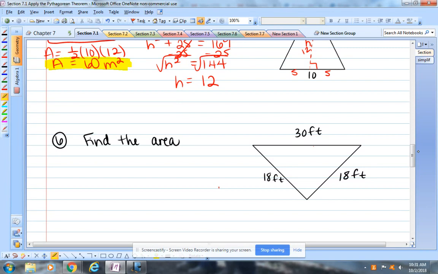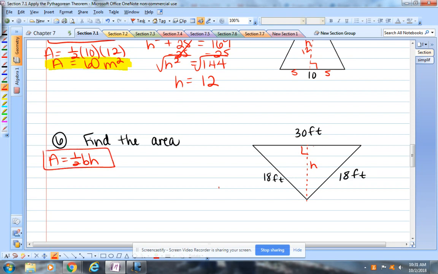And I know that because these are my two congruent lengths. So your height will be from the base down to the vertex angle. We have to find the height before we can find the area, because we have to use area equals 1/2 times base times height. That's just h.